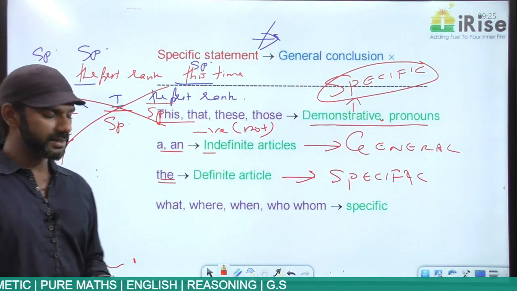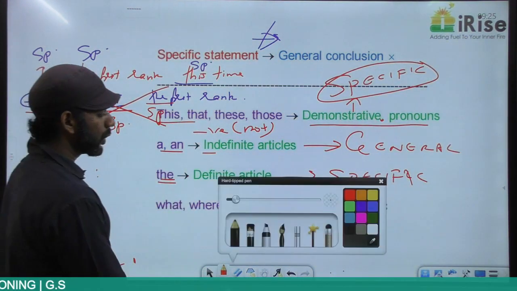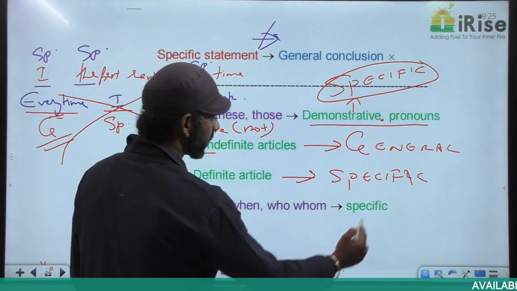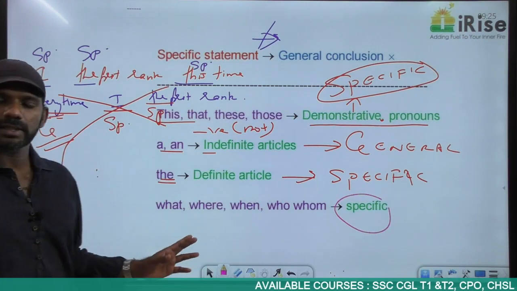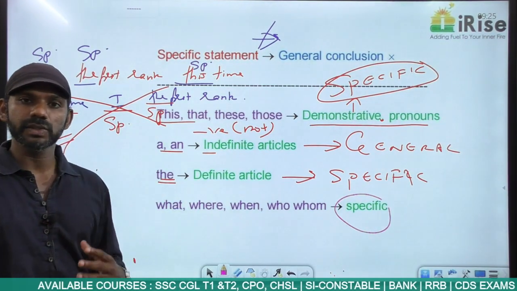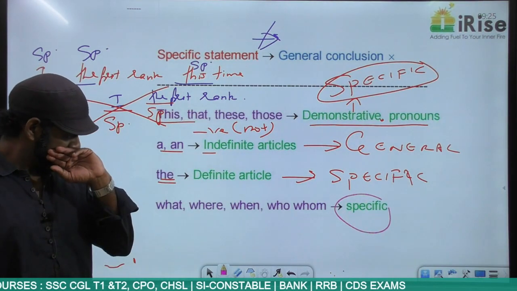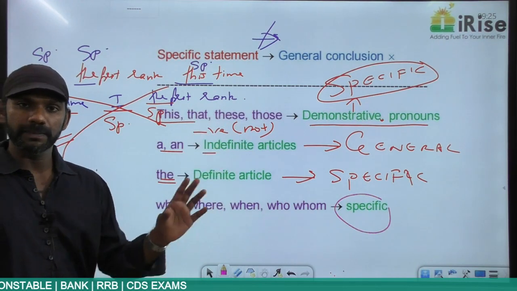Now come to these words. What, where, when, who, whom. These words are taken as specific. What is used to refer to a specific object. Where is used to refer to a specific place. When, specific time. Who and whom, specific persons.